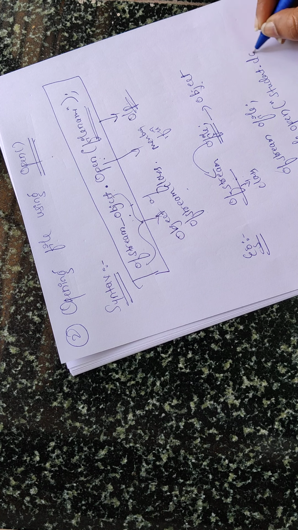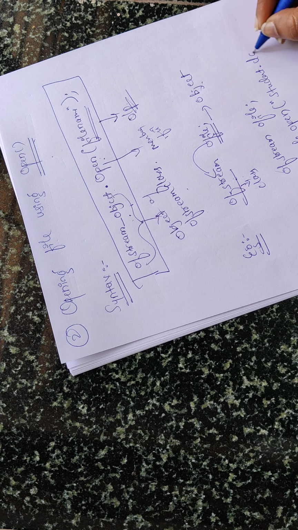Here, ifstream object dot open member function, and the argument should be the file name. Fine. So this is how we can open a file using your open member function, and the syntaxes are two. One is for opening your file for only input purpose and another one is for opening your file only for output purpose.